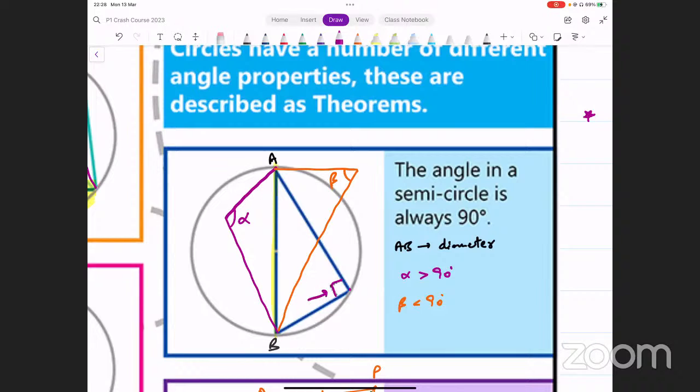Only this angle, theta here, is equal to 90 degrees. The other angles are either greater than 90 if the point is inside the circle, or less than 90 if the point is outside the circle. All right, so this is a very important property. It's used a lot. You have to know this.